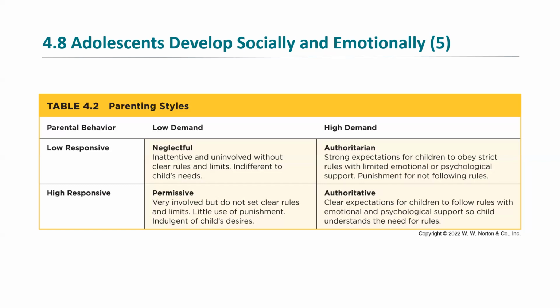What we consider the best form of parenting, at least in our society, is authoritative parenting. So you are demanding as a parent. You have rules and limits for the children, but you're also highly responsive. So you're providing emotional and psychological support to them, and you explain the need for rules, and you are willing to compromise at times, because you always listen to your kids.